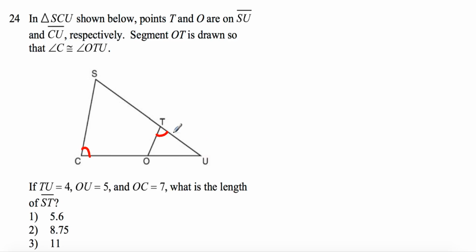TU is equal to 4, and then OU is corresponding to 5, and then OC is equal to 7, and then find the length of ST, which I'm going to call X. Then we have to see that 4 corresponds to 12, so 4 over 12. That's how I can set it up, because this side corresponds to not this one, but this way, by looking at the location of the congruent angles.